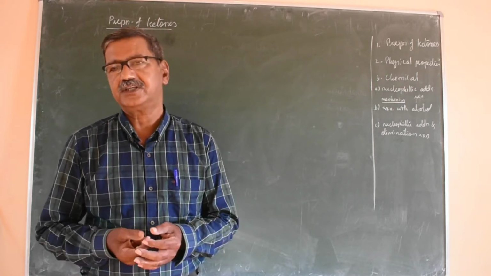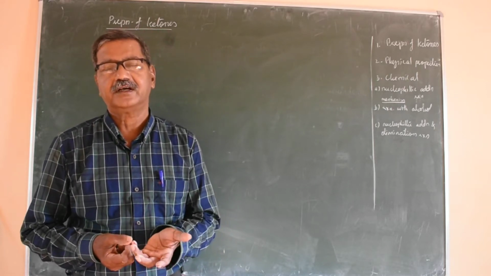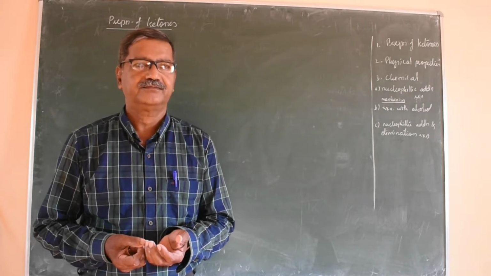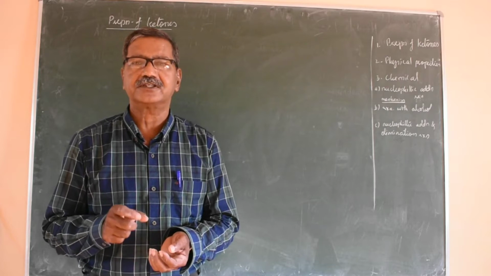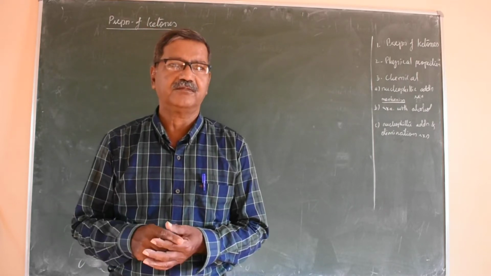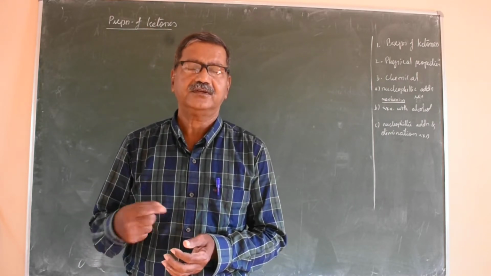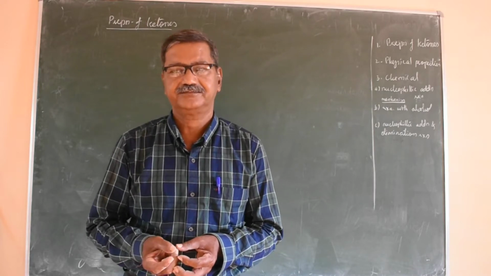So the product is a ketone. For example, to prepare acetophenone, benzene is treated with acetyl chloride in the presence of anhydrous aluminum chloride. So this is the Friedel-Crafts reaction.